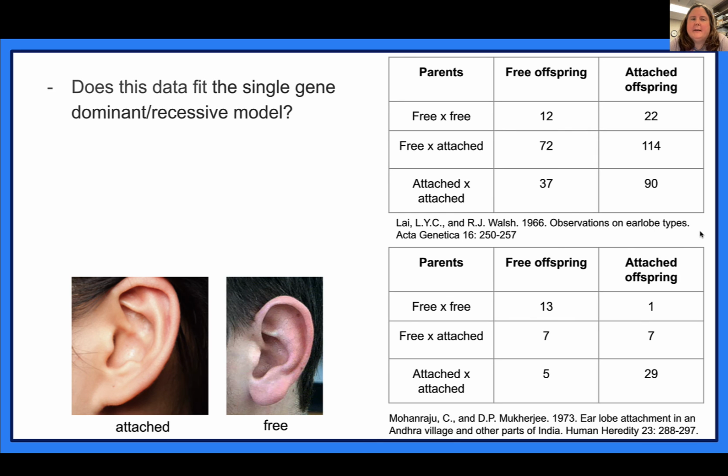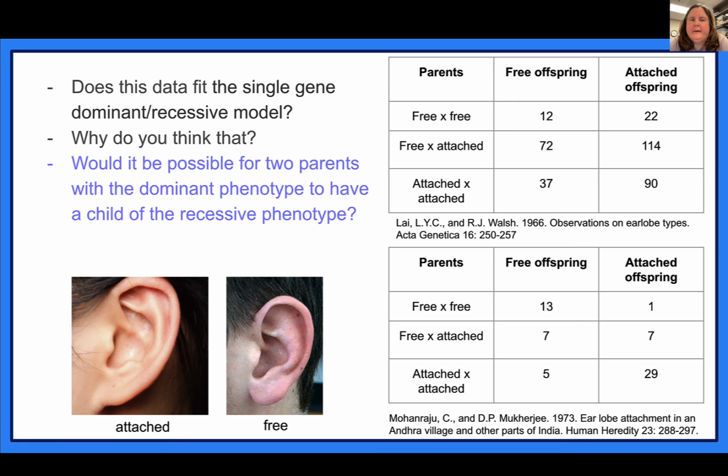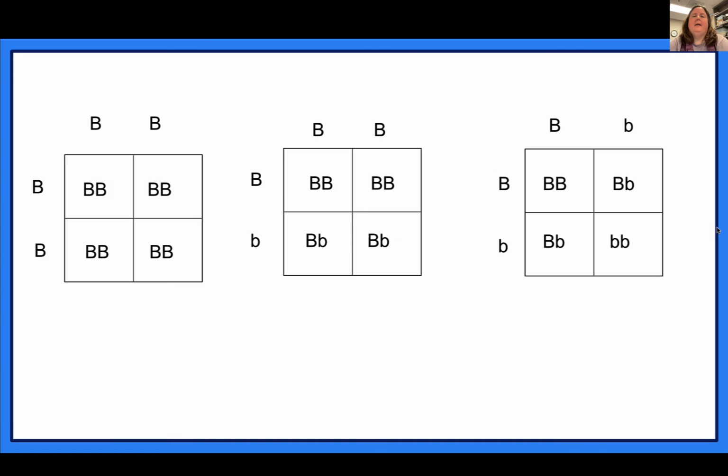Does it fit the single gene dominant recessive model? Why do you think that? And would it be possible for two parents with the dominant phenotype to have a child of the recessive phenotype? Here's something that might help you answer those questions.